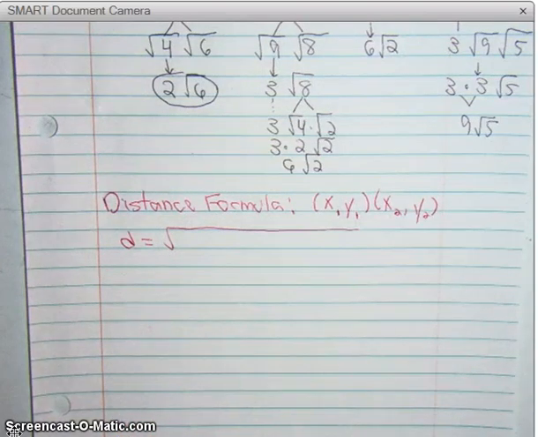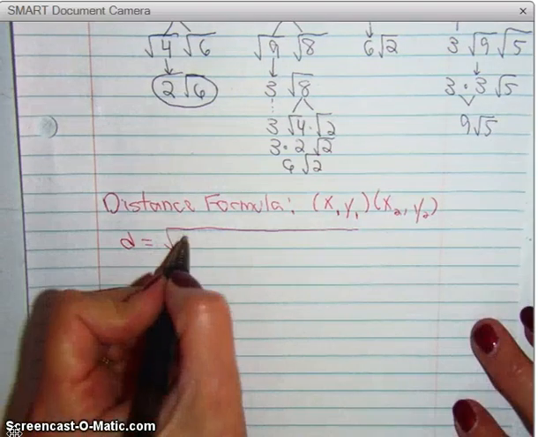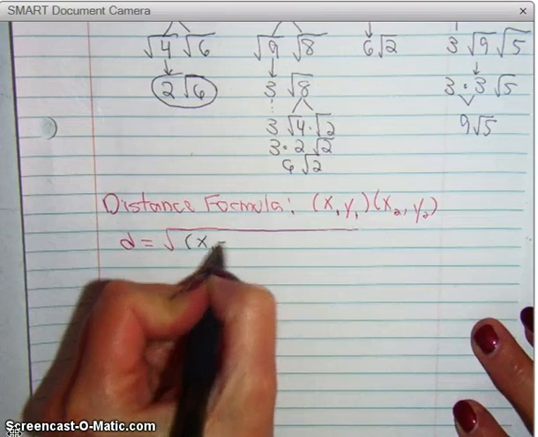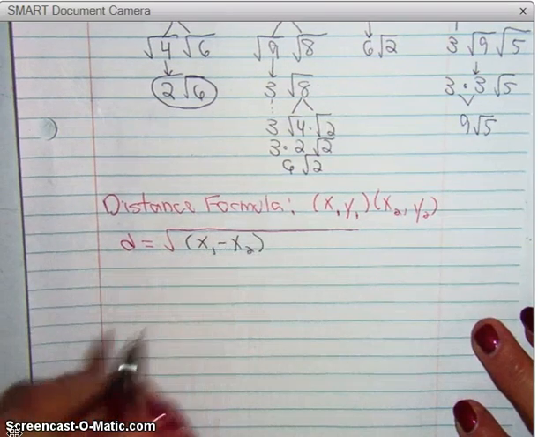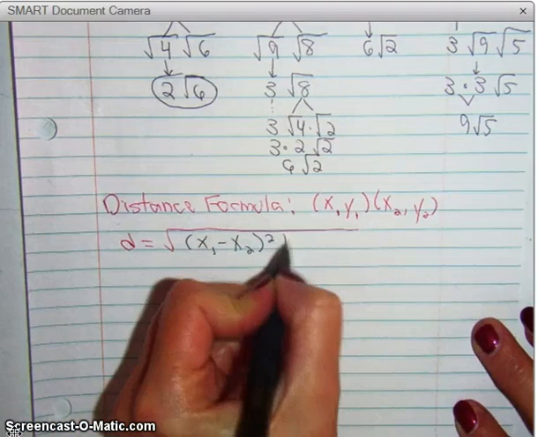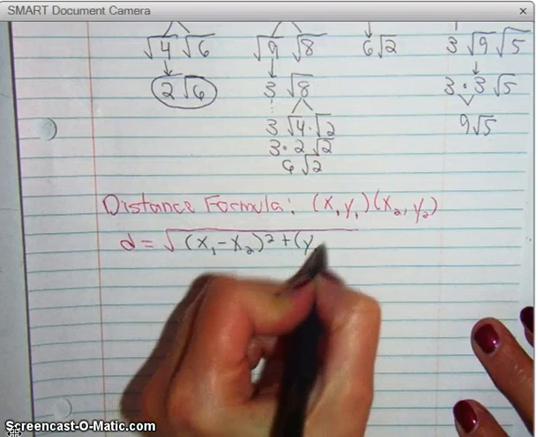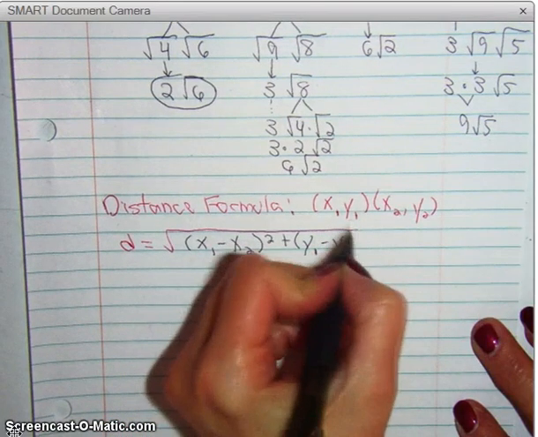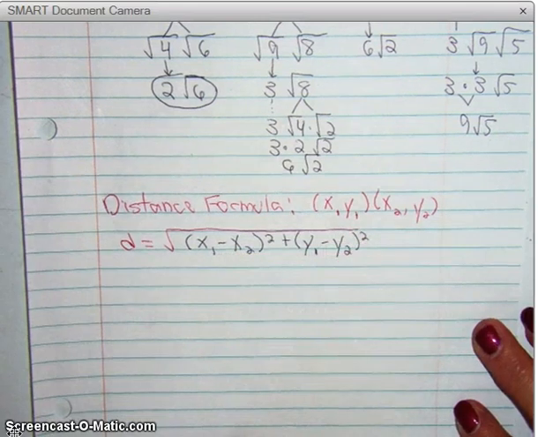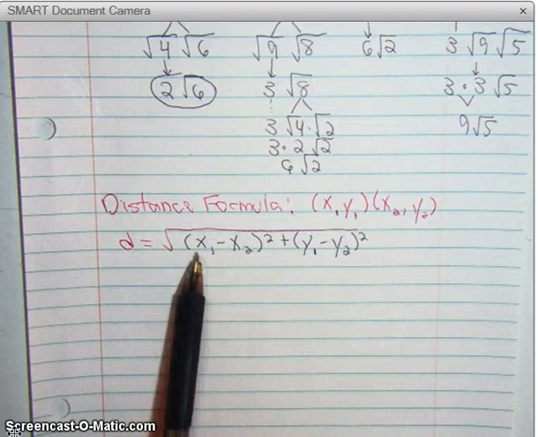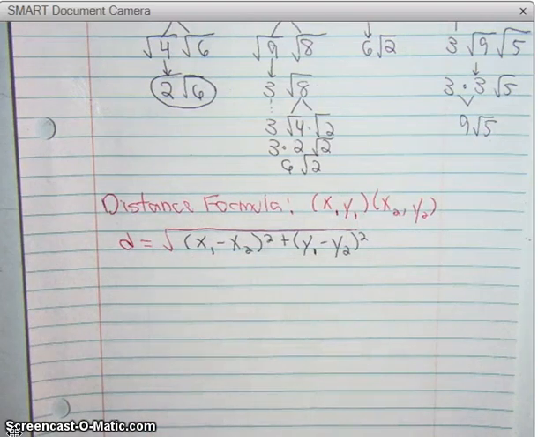The square root of parentheses x1 minus x2, parentheses, squared, plus the parentheses y1 minus y2 parentheses squared. You are correct, okay? Remember, guys, you can turn it around also. So you can do x2 minus x1 and y2 minus y1. Kind of like slope. It doesn't matter the order.